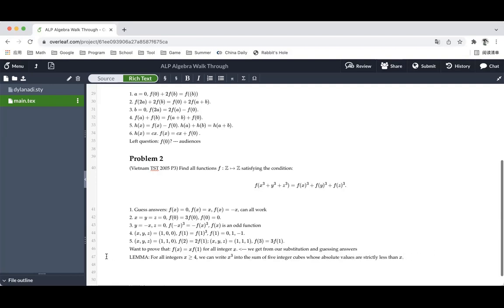This is a pretty important lemma, and after using it, the problem is basically done.